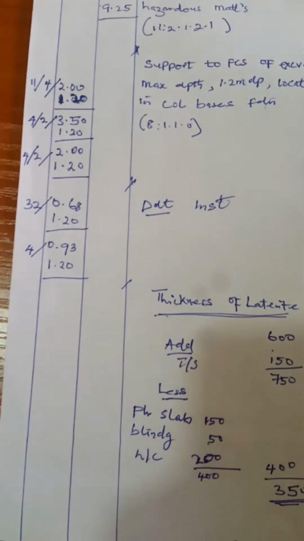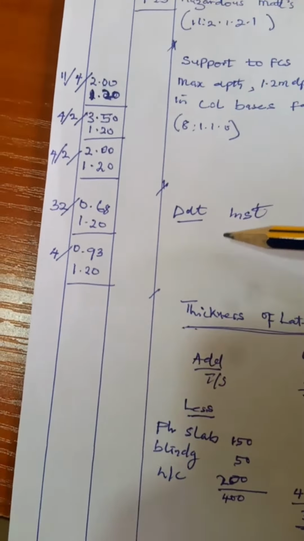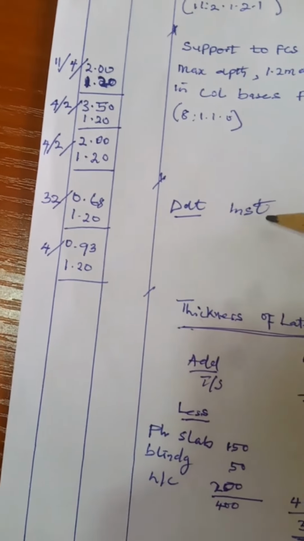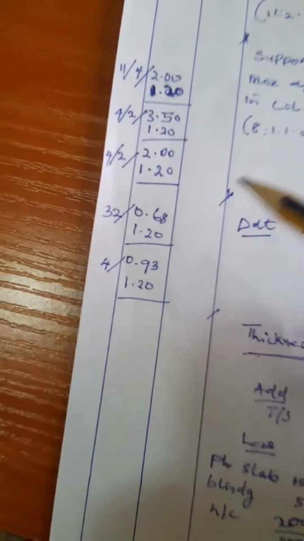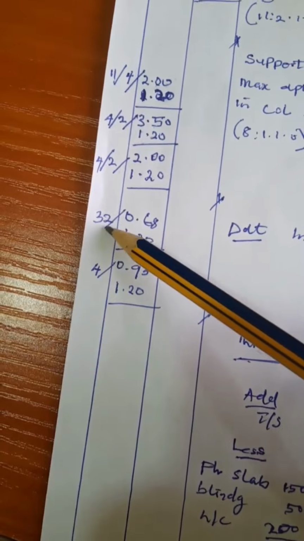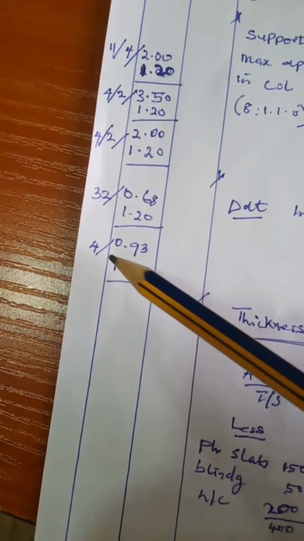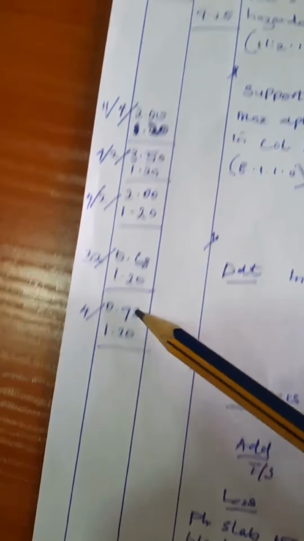Mind you, we have to deduct the intersection, the point of intersection between the column bases and the trench line. For base 1, we have about 32 intersections. For base 2, we have about 4 intersections. Let's use this base 2 for example.